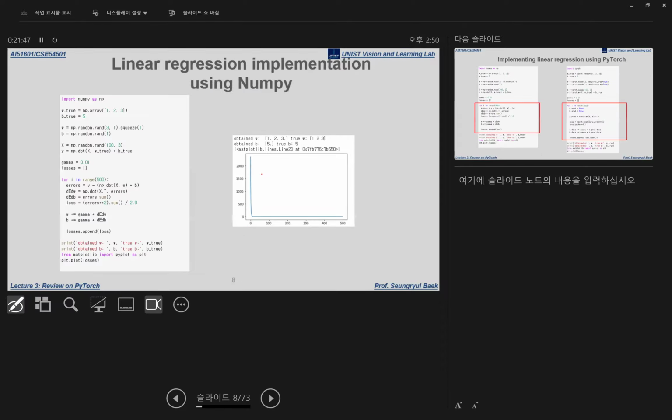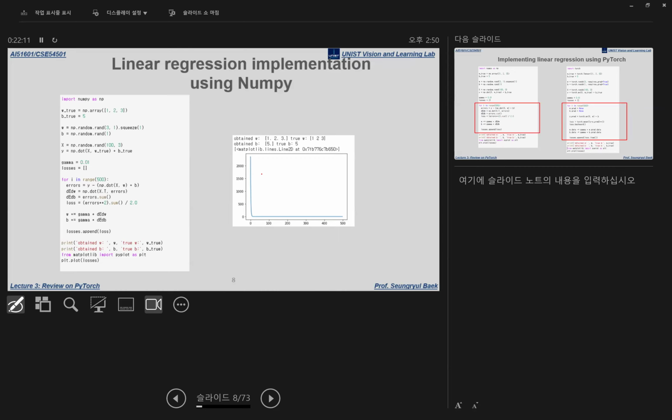This is the PyTorch code, but let's assume that you implement this type of thing using the NumPy library. Without using PyTorch, NumPy is the library in Python which can easily deal with arrays.